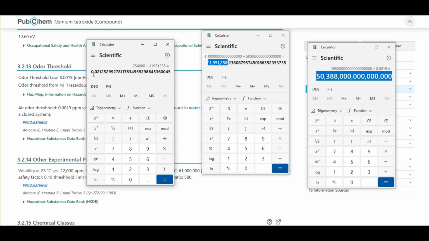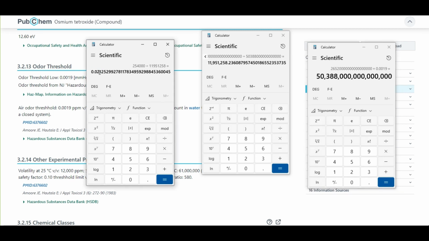And we get 0.021 milligrams per cubic meter of air is the odor threshold. This is how many milligrams of osmium tetroxide per cubic meter of air you need in order to smell it.